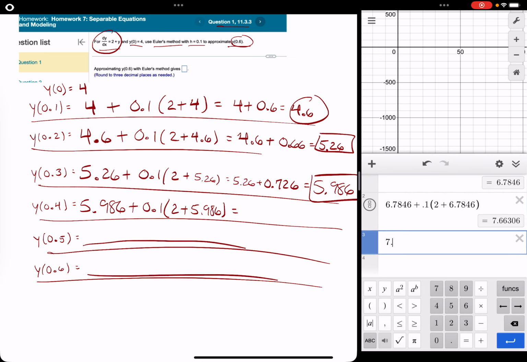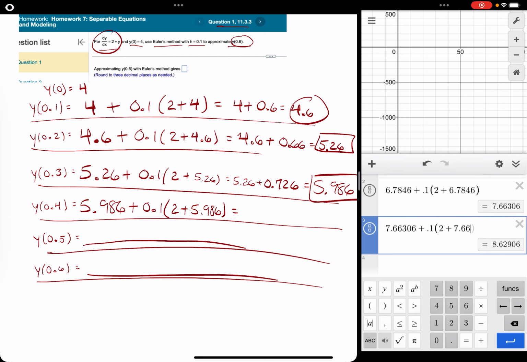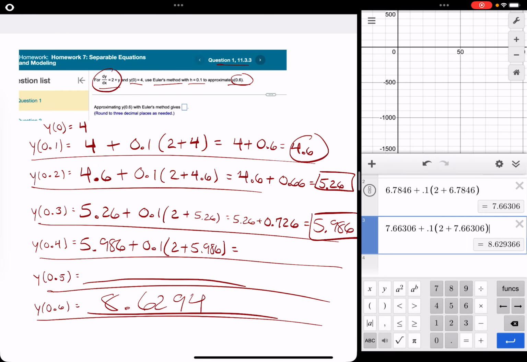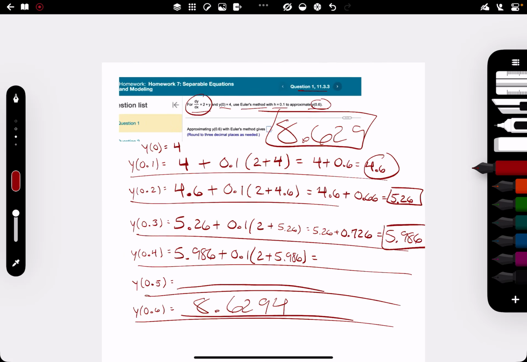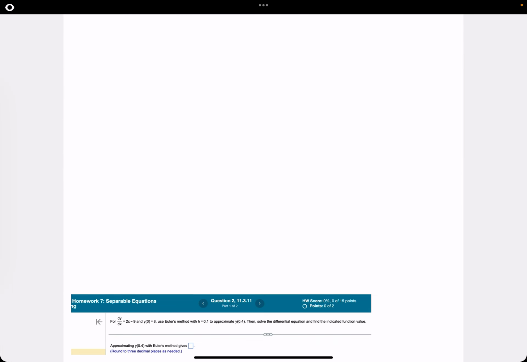So we use the previous 7.66306, plus 0.1, the step size, times 2 plus 7.66306. And we get 8.6294. 8.629 to 3 decimal places. That is Euler's method to approximate y at 0.6. Hope that made sense. Let's keep it going.